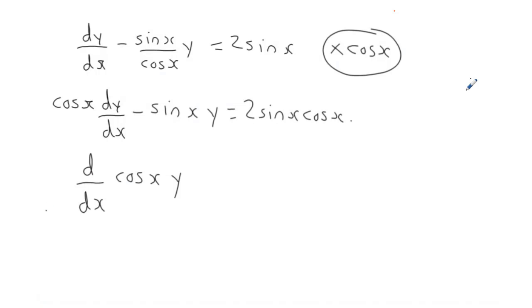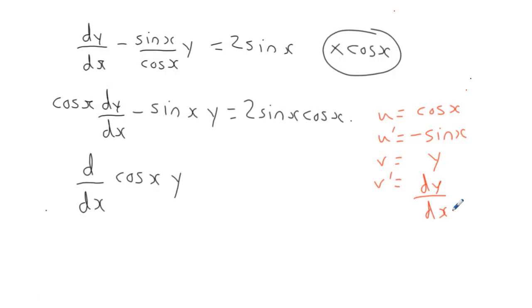If you wanted to differentiate cos x y, you'd have your u and your u dashed, and your v and your v dashed, and they would be as follows. You'd have your cos x as u, and u dash would be minus sine x. V we said was y, so dv by dx would be dy by dx.